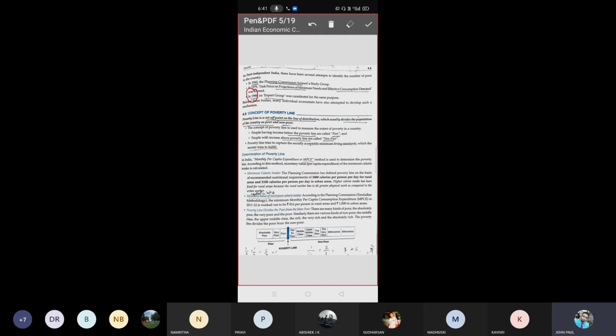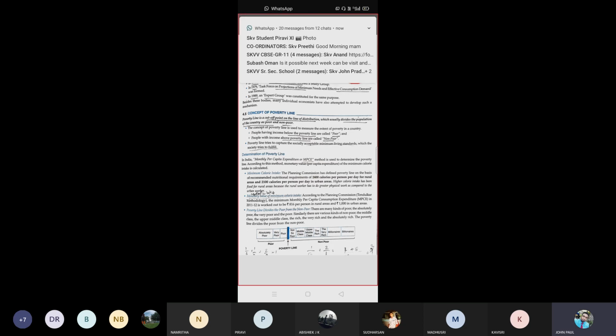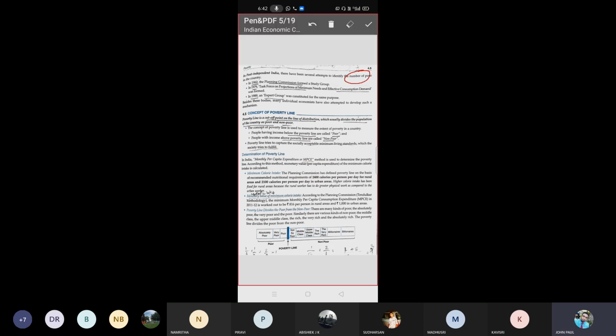In 1989, an expert group was constituted for the same purpose. So in different periods, the Planning Commission in 1962, the projection of minimum needs, and the expert group were all created for only one purpose: to identify the number of poor in the country.